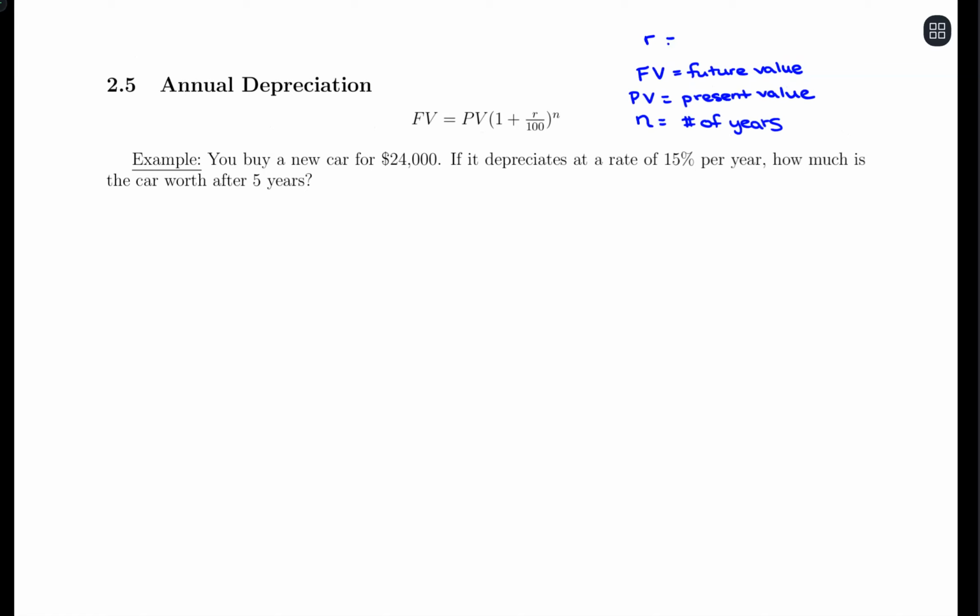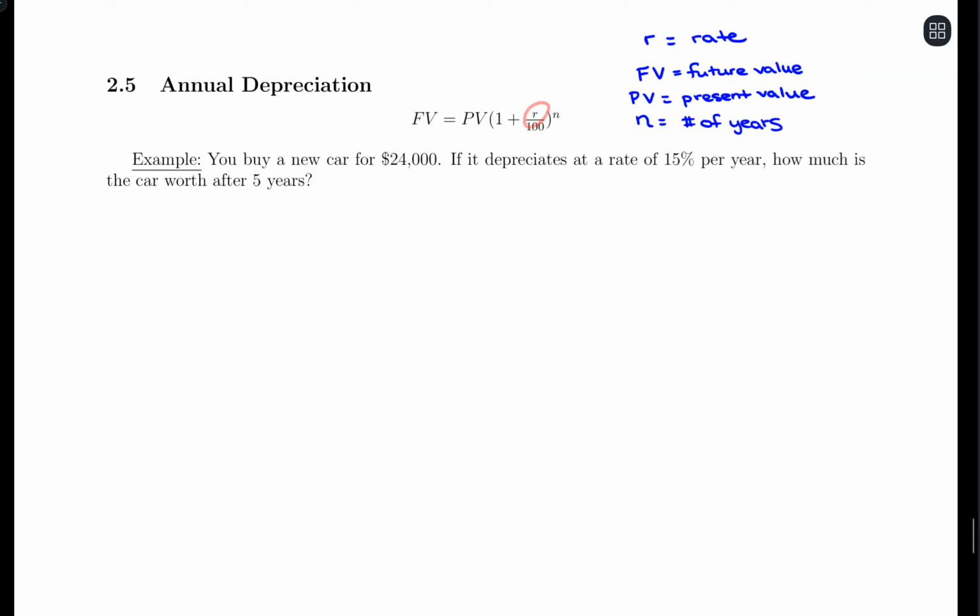R is the rate, so it's going to be some percentage. In a lot of the formulas we've worked with so far, we plug that in as a decimal. This is set up as a whole value, so I'll talk about that when we go through this example, but with that divided by 100 as part of the formula, it's taking care of that decimal conversion piece.